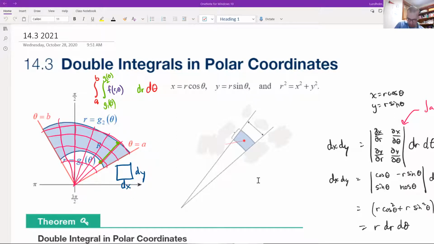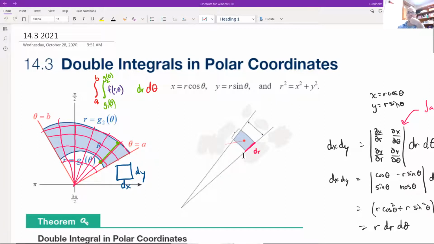If we were thinking about this distance, I would call this dr, because dr to me signifies a nudge in the radius, where the radius could be however long out here.